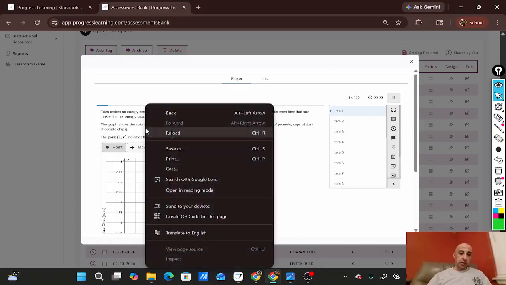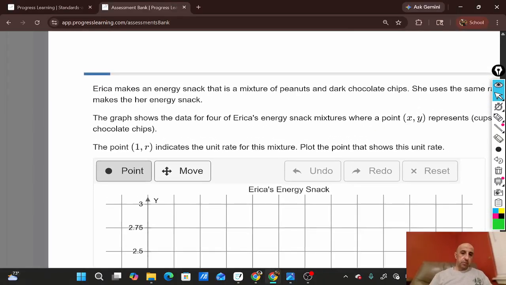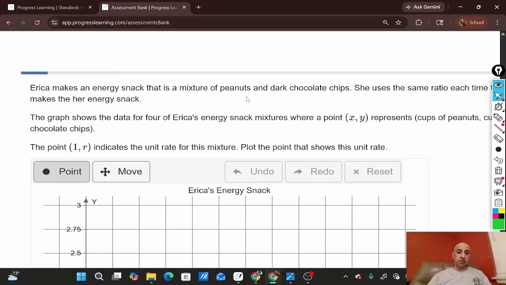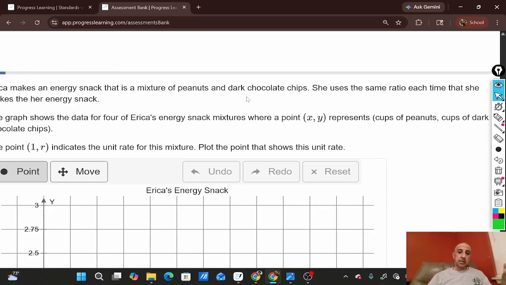In this question, Erika makes an energy snack that is a mixture of peanuts and dark chocolate. She uses the same ratio, so the concept is ratio.